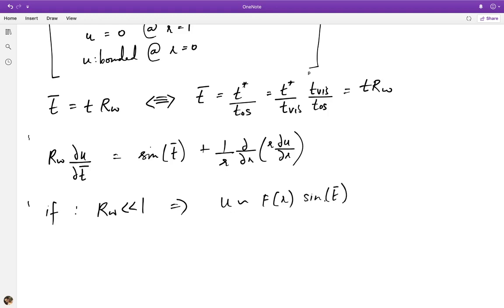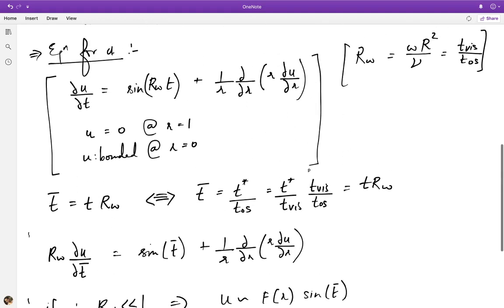So it seems that the velocity will be in phase with the driving frequency in the limit of rω being small. So this, along with just the form of the equation, seems to suggest that we could guess a solution in general to be u equal to some function of r times sine t, substitute it in here and then solve an equation for that function of r after factoring out the time dependence.